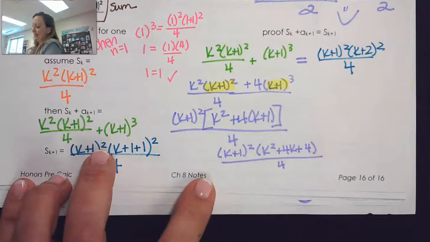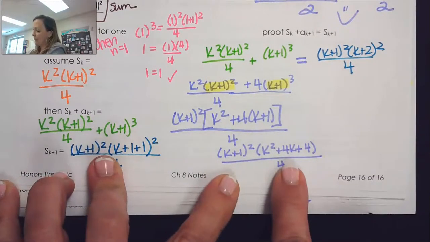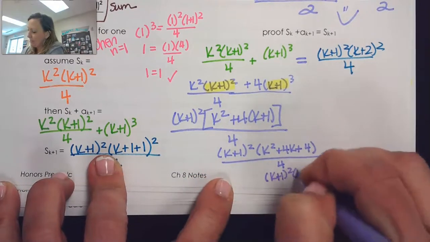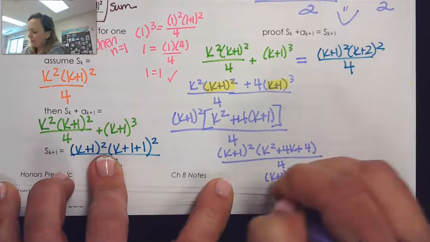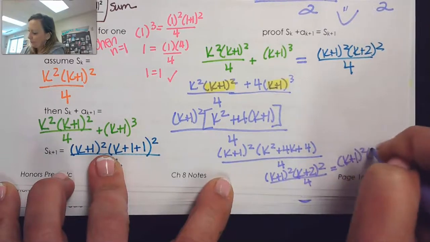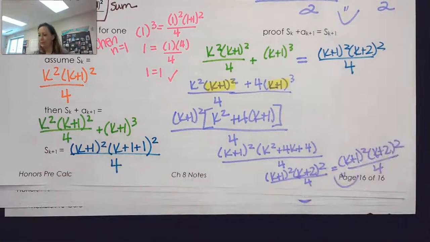I'm close. I just need to factor this. Does k squared plus 4k plus 4 factor into k plus 2 quantity squared? Then we are in business, friends. And we have shown that statement, okay?